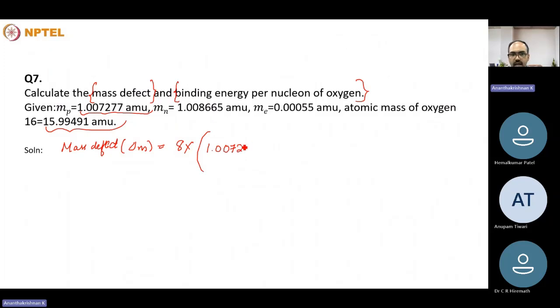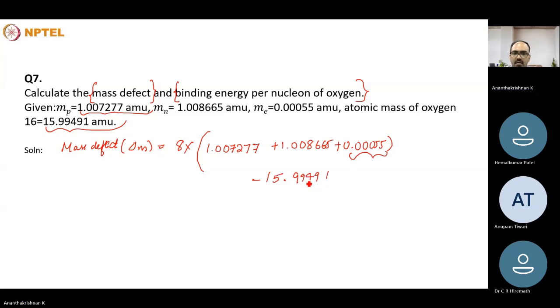The electron mass is also included in the total mass, minus the atomic mass of oxygen-16. These give the value of 0.130701 atomic mass unit.